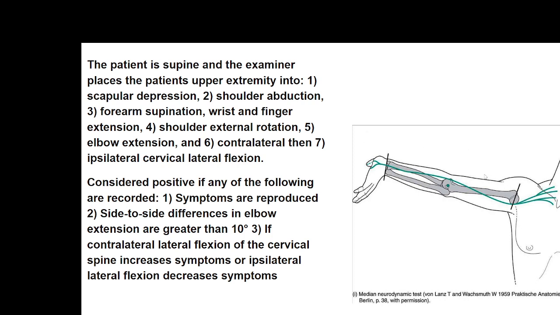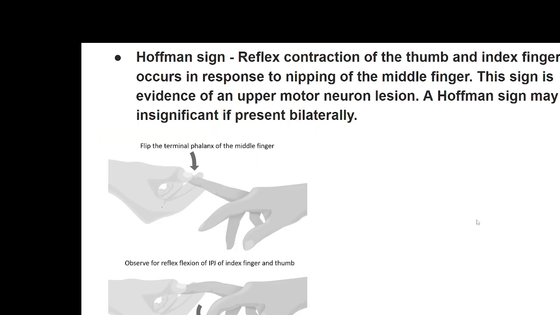Then the shoulder is rotated externally, the elbow is extended, and there could be pain felt in the area. If the symptoms of pain are produced, that is a positive condition. And side to side in the extension of the shoulder, if you turn by 10 degrees, the pain is felt either on the same side or on the opposite side. By that you can make out the diagnosis.